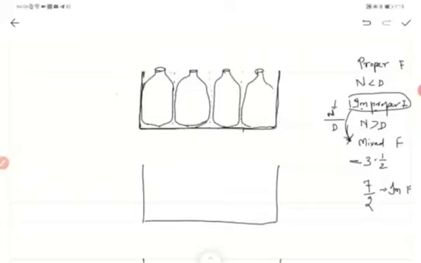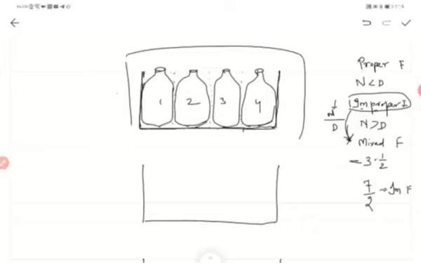All right, so when all the 4 bottles are accommodated in this, this whole will become 1. That means it is a whole. Okay, 1.